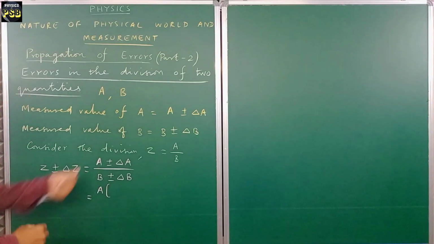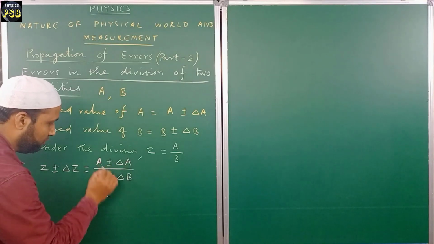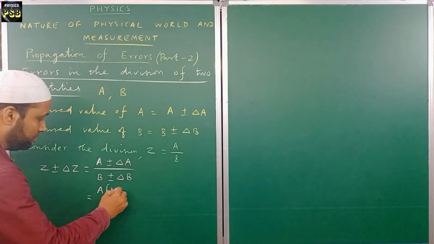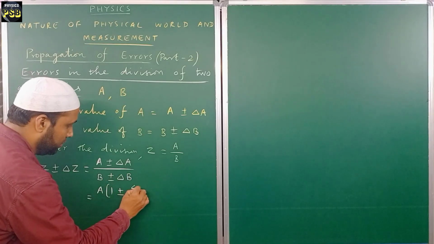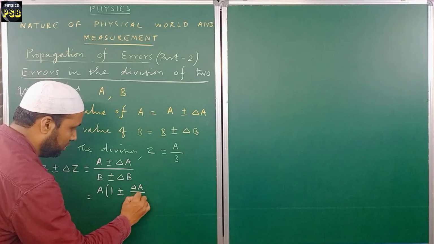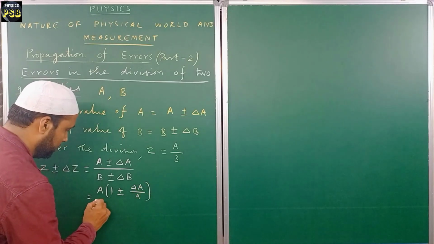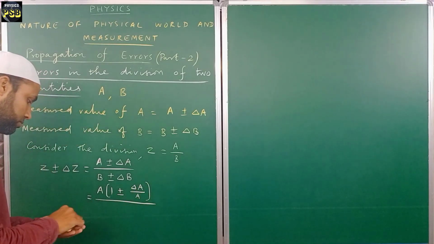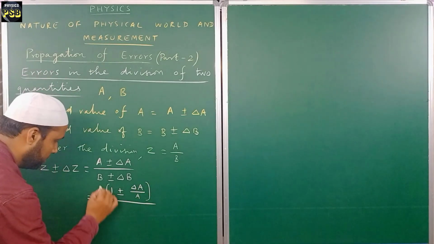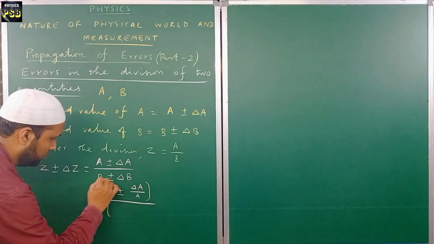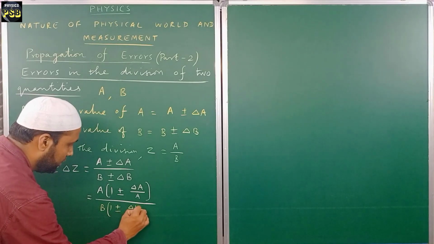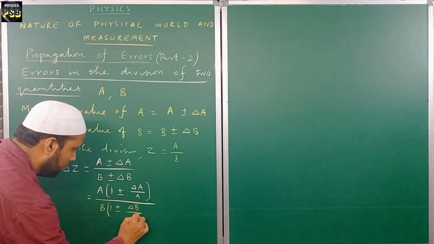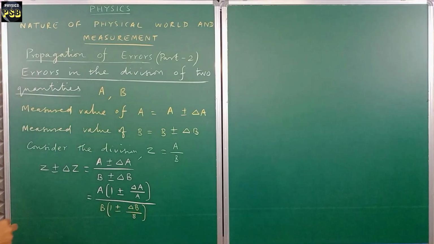In the place of A, I get 1 plus or minus delta A upon A, divided by B taken out. So, in the place of B, I get 1 plus or minus delta B upon B. This is what I get.